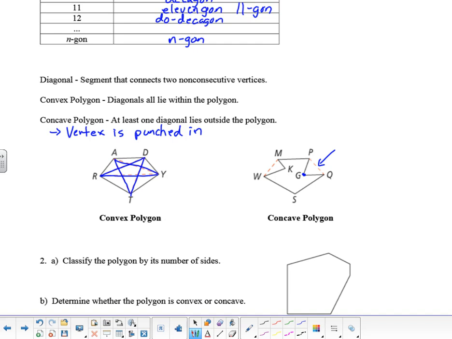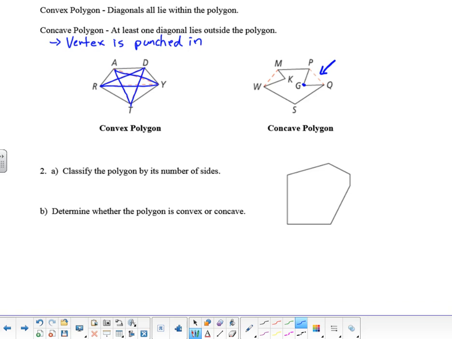But what happens in a concave polygon is this diagonal out here, PQ, which is not a side, that's a diagonal. It's connecting two non-consecutive vertices, but it's not a side. So I'll just erase that so I don't want you to be confused in thinking it's a side.